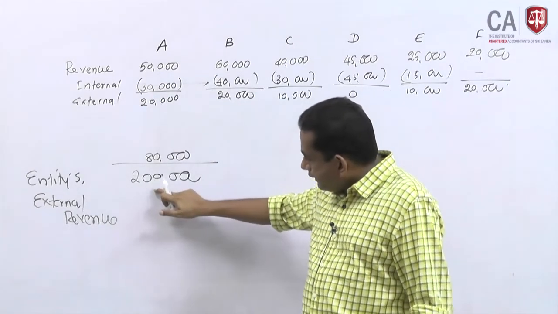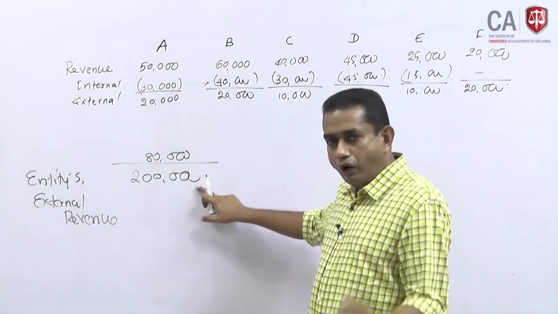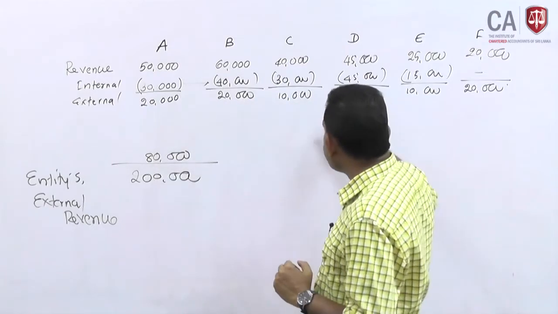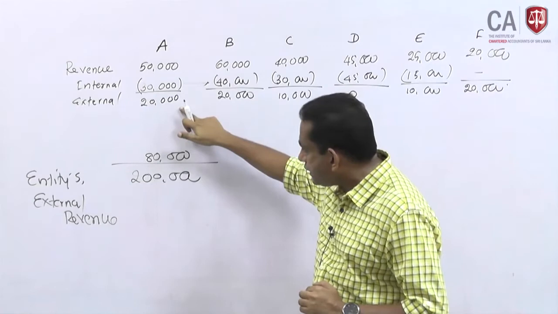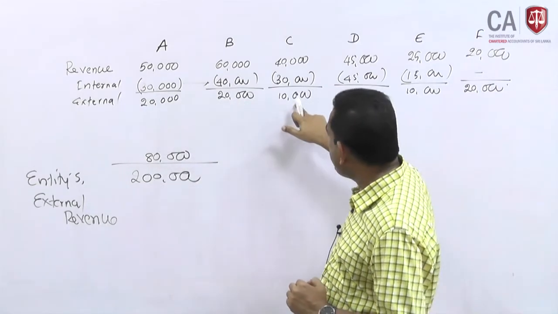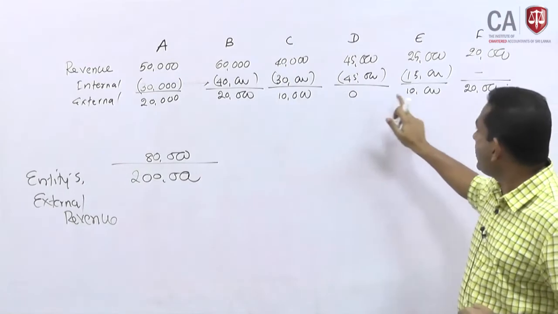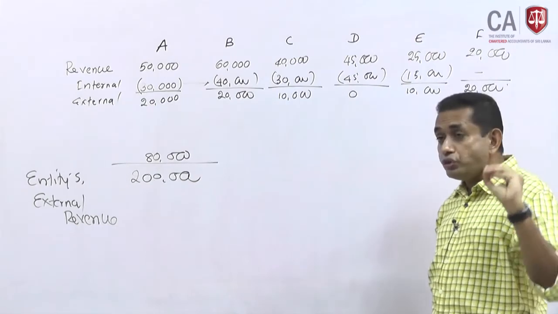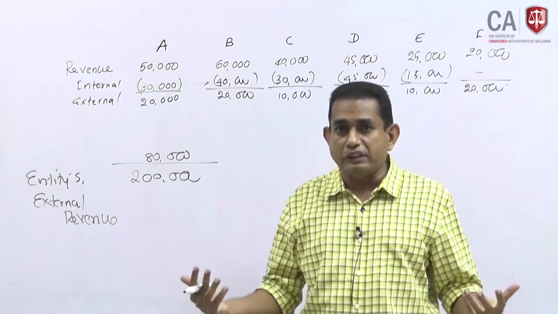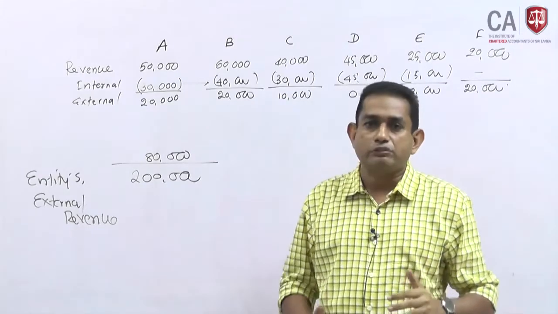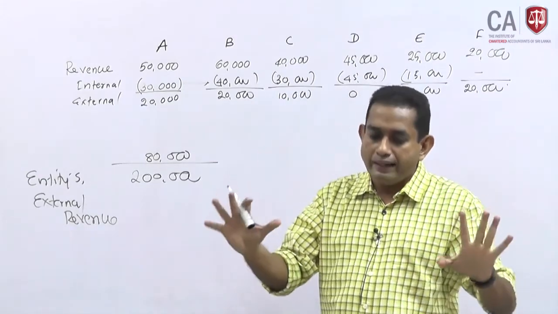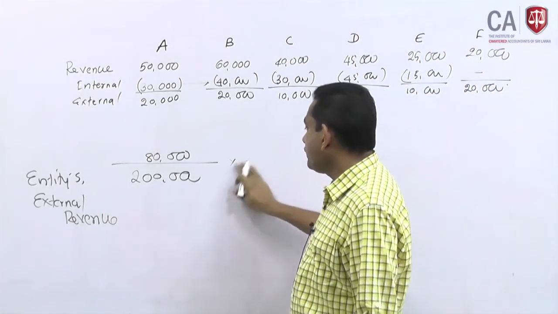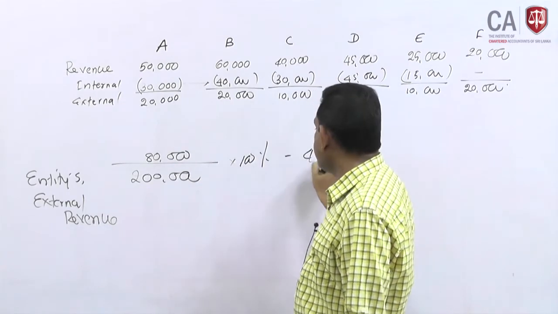The entity's entire external revenue is 200,000, out of which 80,000 is recorded in the identified reportable segments: 20 in A, 20 in B, 10 in C, nothing in D, 10 in E, 20 in F. As a percentage, it is just 40%.